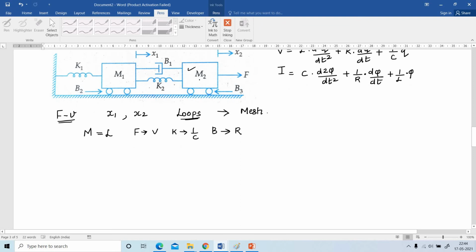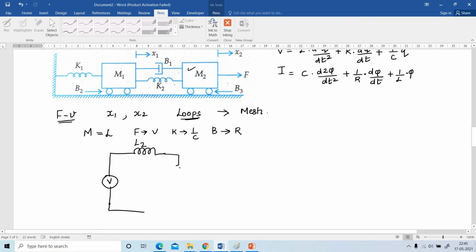The first loop consists of mass M2, that is inductance L, force, that is voltage source V, B1, that is resistance R1, B3, resistance R2, K2, inverse of capacitance. I am going to draw the circuit. Instead of force, it is voltage, and then L2, that is M2, then B1 and K2 are common for both the meshes.